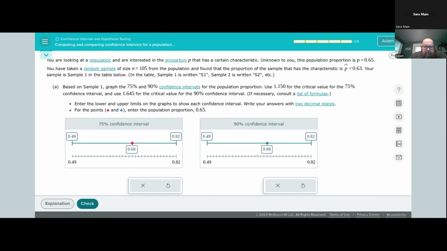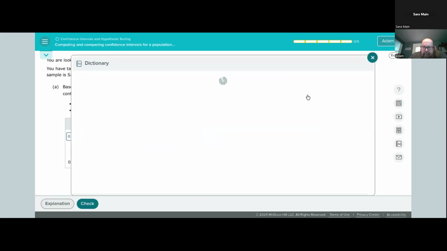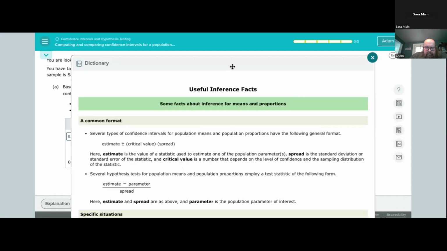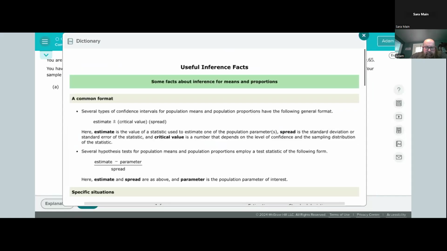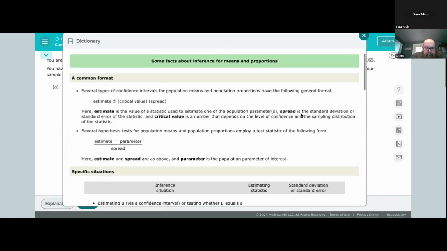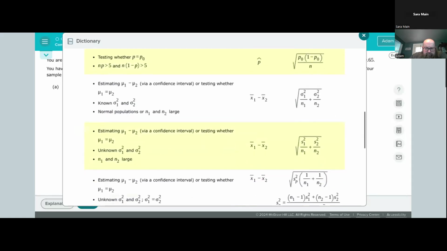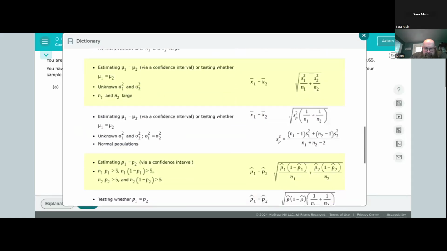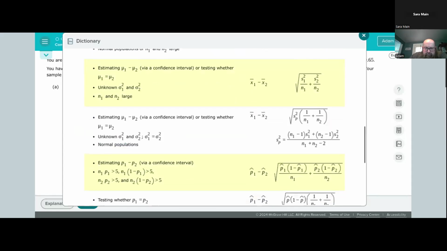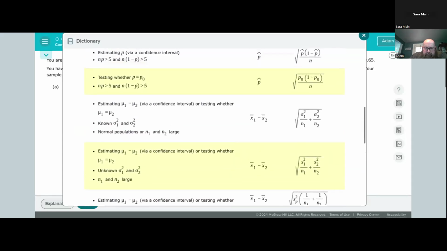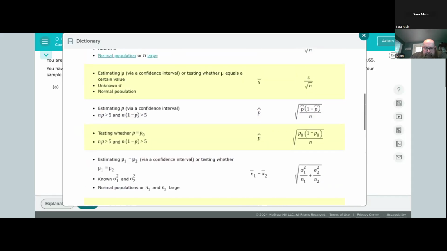So we click on that list of formulas and scroll down. Go up just a couple more. Okay, right there, the fourth one down.